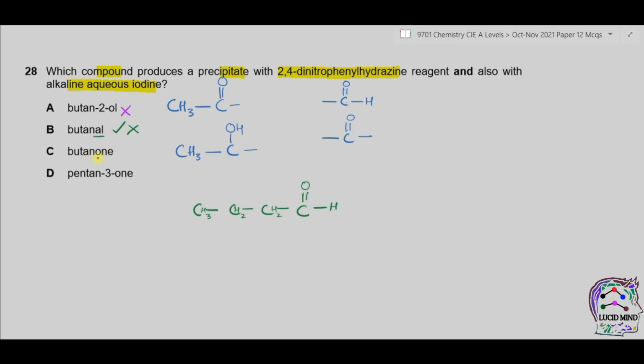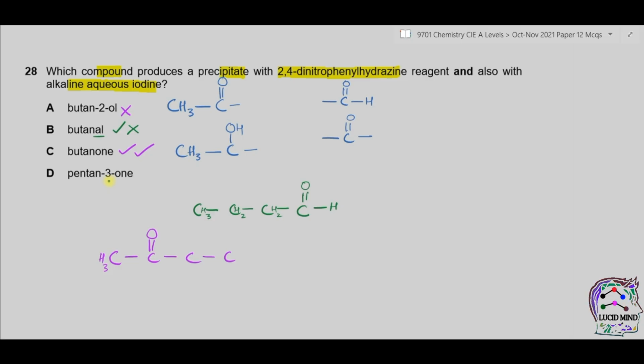Third one is butanone, which is ketone. It will give reaction with 2,4-DNPH. Let's draw the structure. Now we can see that CH3 is directly attached to the carbonyl carbon, so therefore this will also give result with alkaline aqueous iodine. D is pentan-3-one.